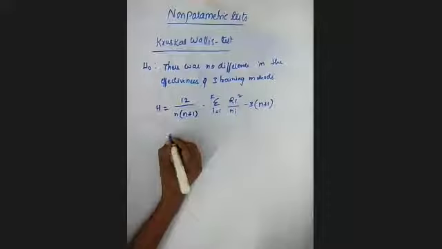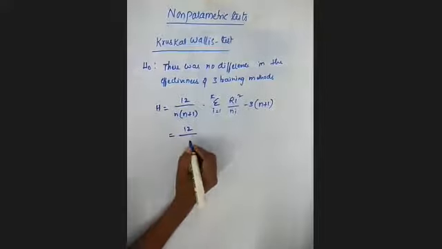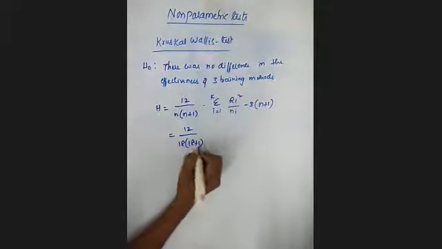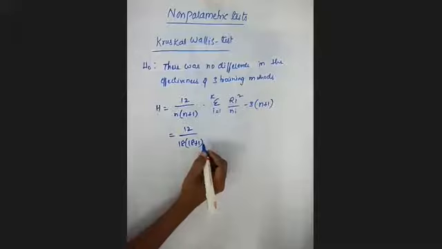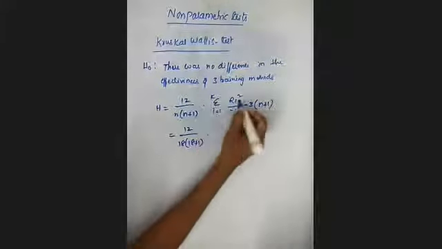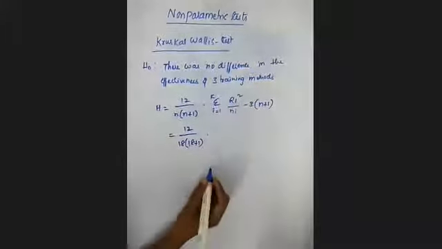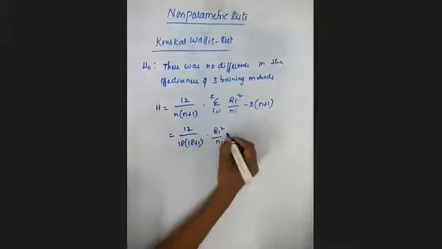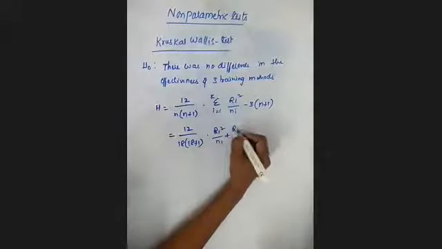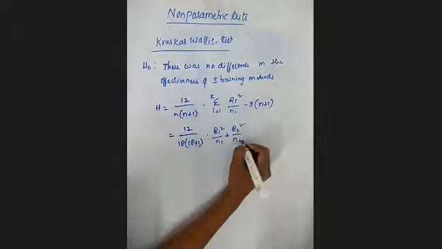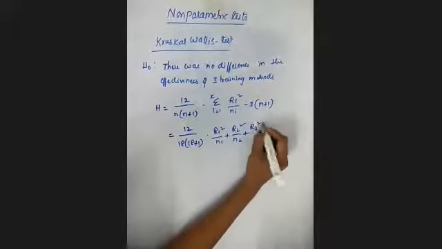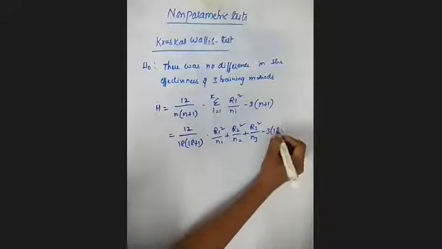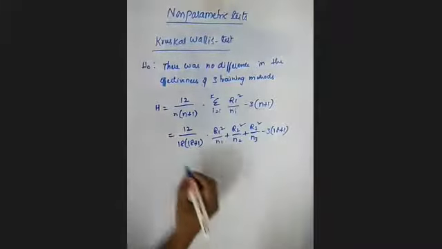Clear? So that means here 12 by 18 into 18 plus 1, into, this totally indicates R1 square by N1 plus R2 square by N2 plus R3 square by N3, minus 3 into 18 plus 1. Clear?